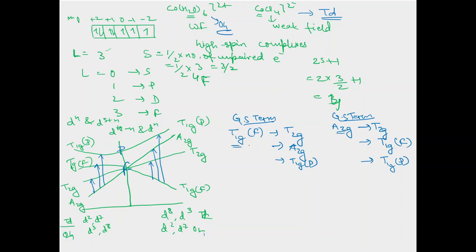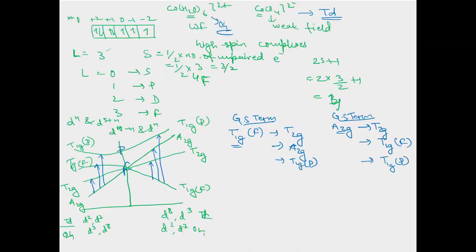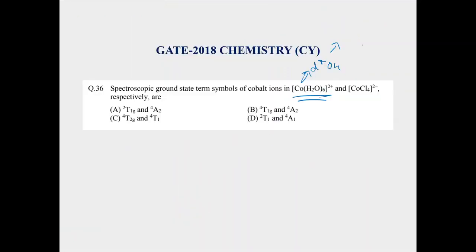So among the given options, we know that for Co(H2O)6 2+, which is an octahedral d7 system, the ground state term is 4T1g, and for CoCl4 2-, that is d7 tetrahedral, the ground state term is 4A2.